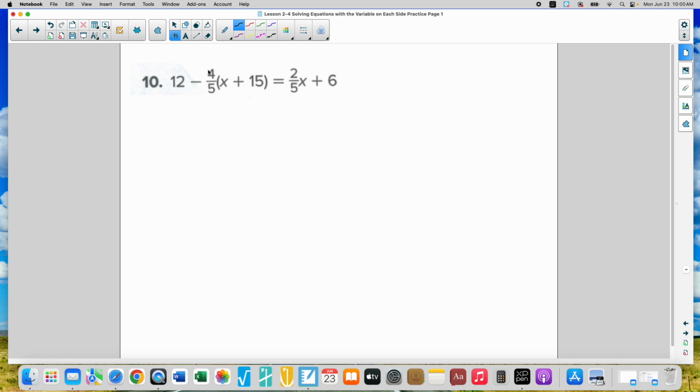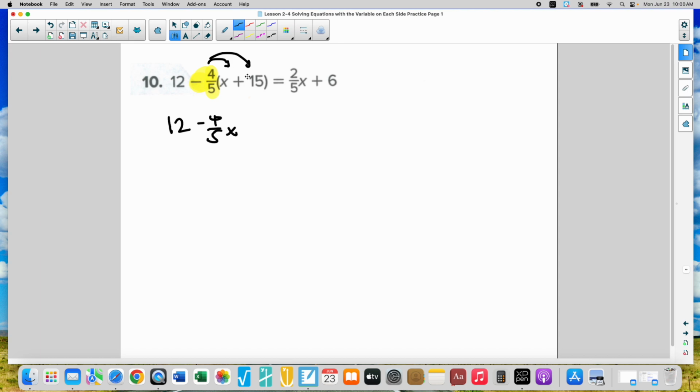All right, this will be important: we're going to distribute the negative 4/5. You have to include that sign. So we're going to distribute that into the parentheses. So it's 12, because that's unaffected. Negative 4/5 times x is negative 4/5 x.